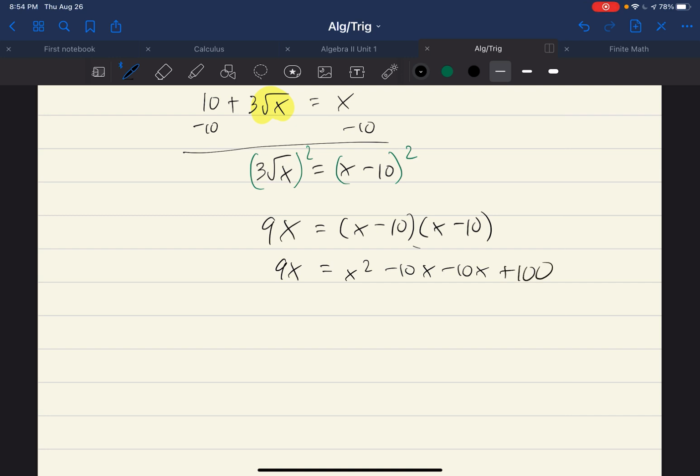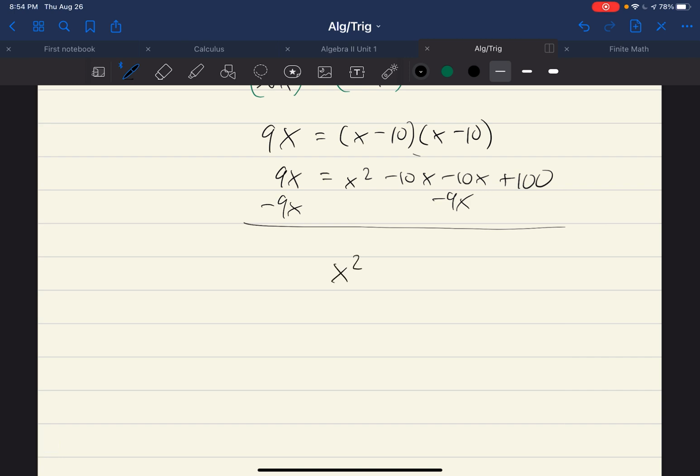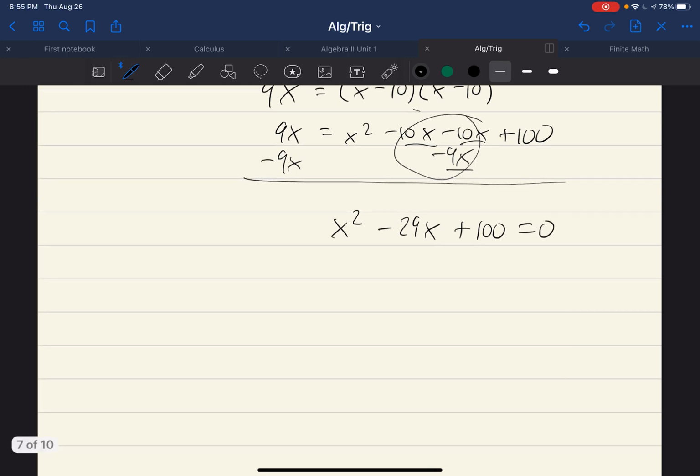Now we've got to get everything to one side of the equation, so I'm going to subtract over 9x and put all of this together. So I have x squared, and minus 10 and minus 9 all put together would be minus 29x, plus 100 is equal to 0. Now we're to a simple quadratic that will factor.